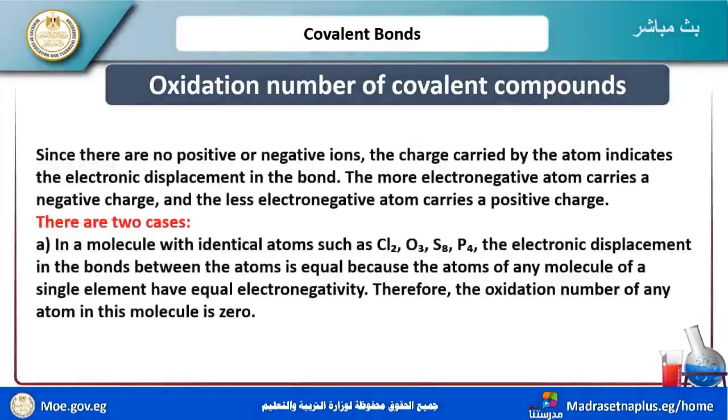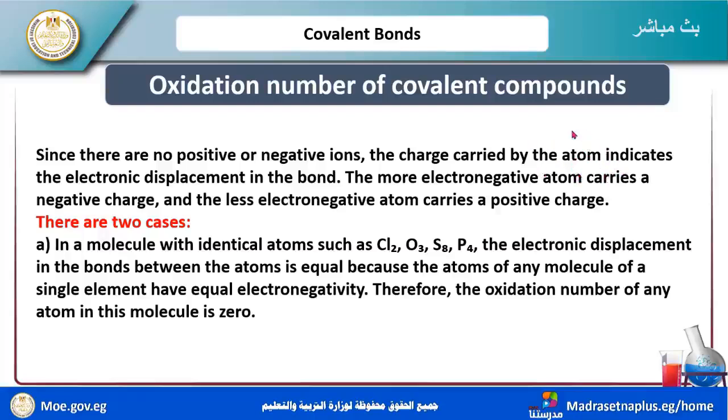Since there are no positive or negative ions, the charge is carried by the atom. We must read this again to illustrate it. Since there are no positive or negative ions, the charge carried by the atom, excuse me, I have an atom.